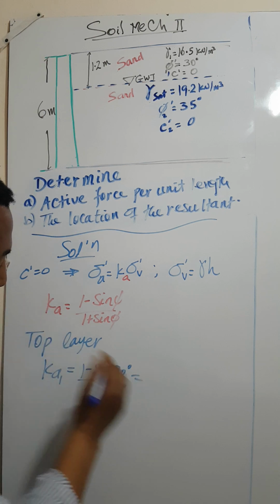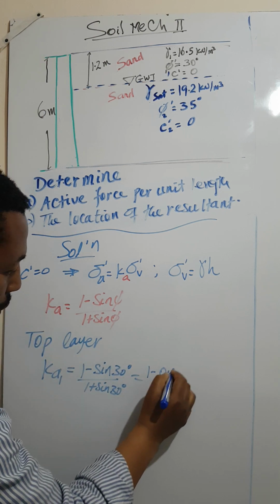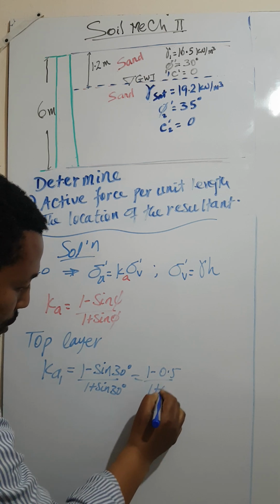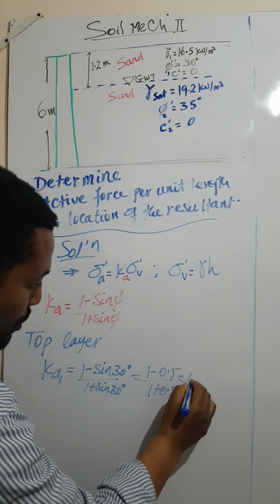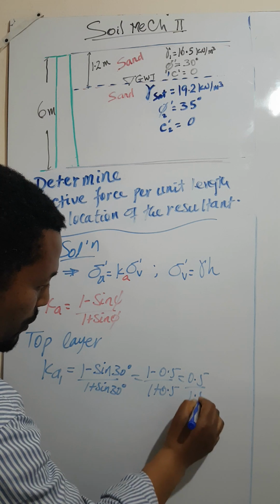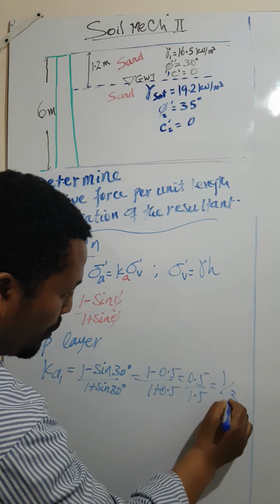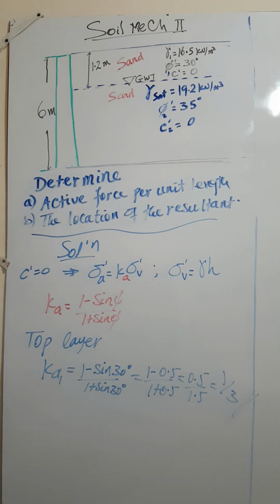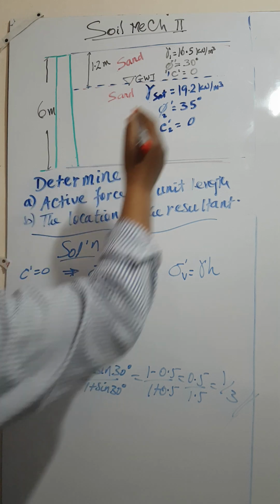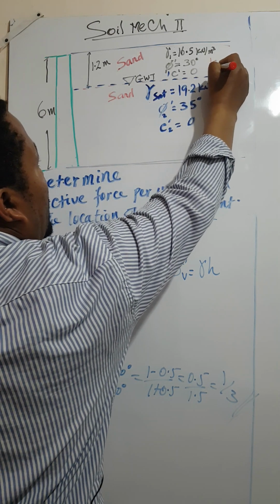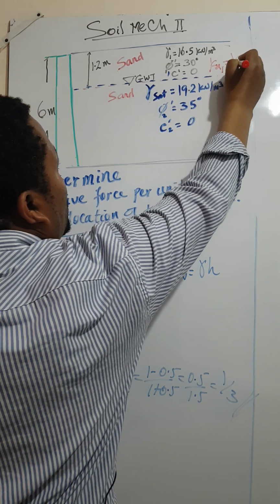This is equal to 1 minus 0.5 over 1 plus 0.5. This is 0.5 divided by 1.5, which is equivalent to 1/3. So what did we get? Now KA1 is equal to 1/3.